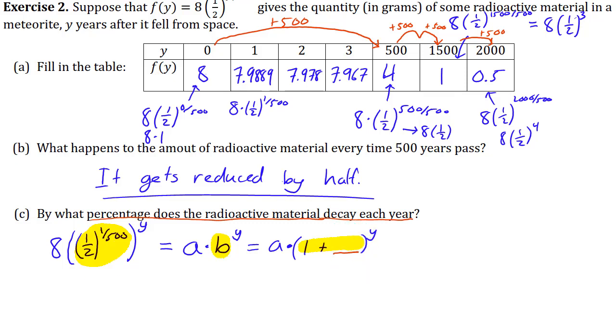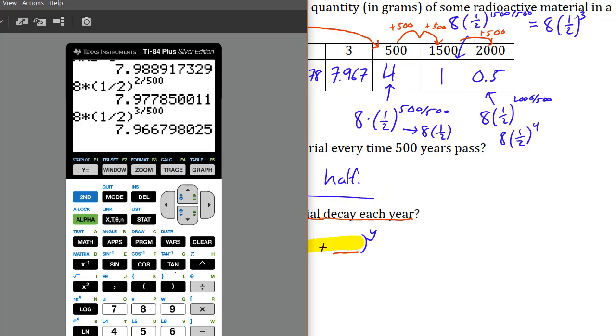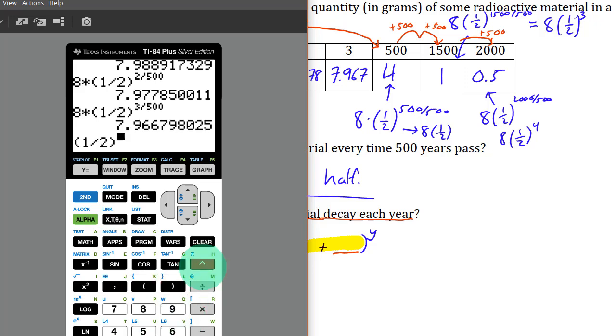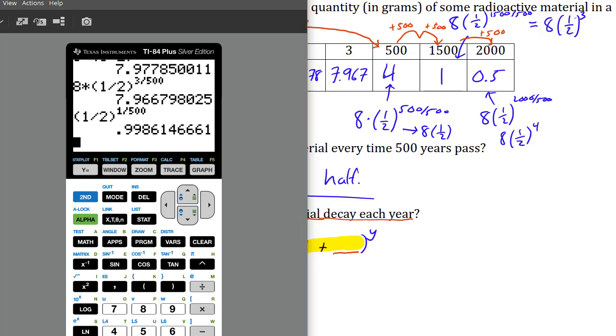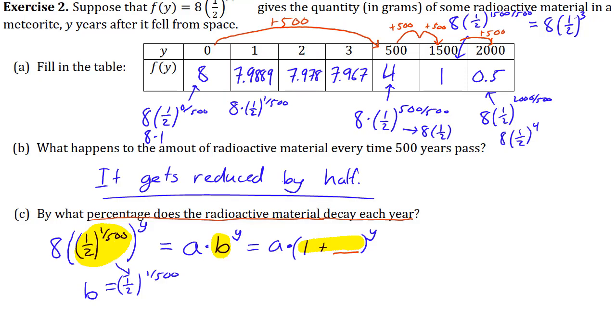So let's see. First of all, this whole thing, 1/2 to the power 1/500th, we definitely need a calculator for. It is 0.99861.